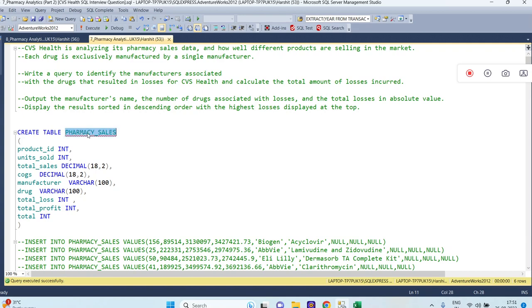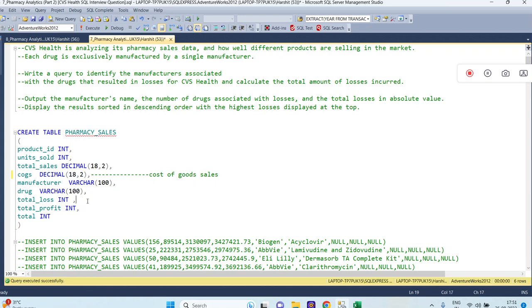So here they have given us the pharmacy sales table. In that: product ID, units sold, total sales. This is COGS, which means cost of goods sold, then manufacturer, drug, total loss, total profit.